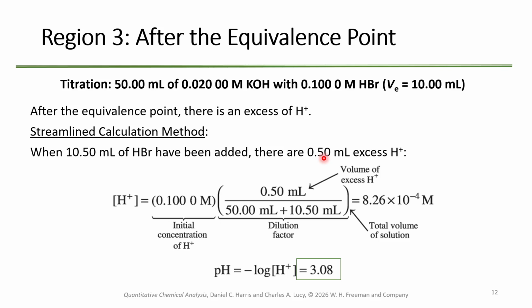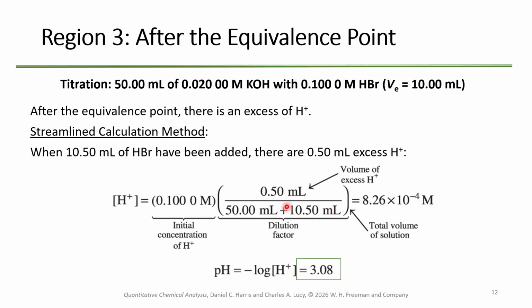And so we just have to calculate the H plus from the dilution of that HBr, don't we? And so again, here's our initial concentration of the HBr. This right here is our dilution formula. We've added 50 milliliters. This is a total volume of 50 plus 10.5 milliliters, which came from that other volume that we've added, 10.5 right here.